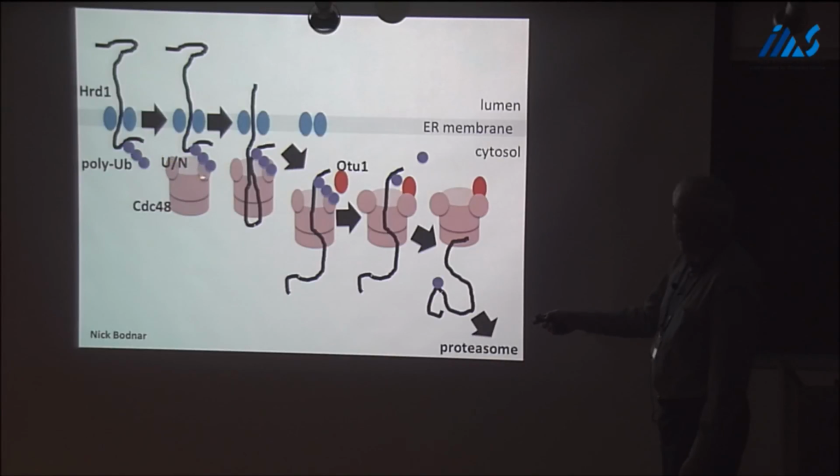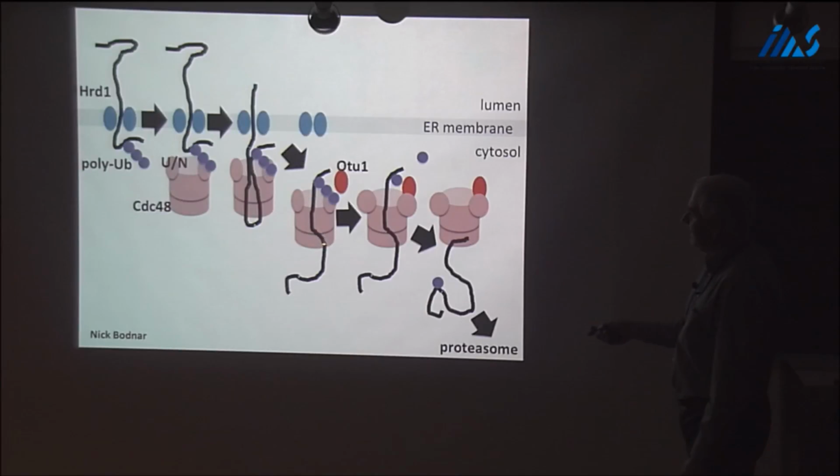There's no interaction with the N domain. Then the substrate inserts as a loop into the CDC48, into the central pore. And then the D2 ring of the ATPase is the one that reels the polypeptide chain through the central pore. It's doing all the work during the translocation mechanism.